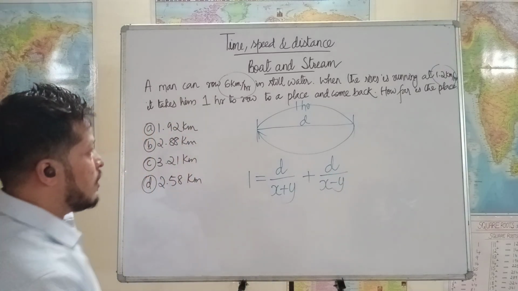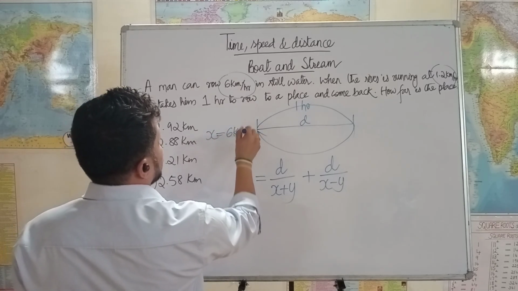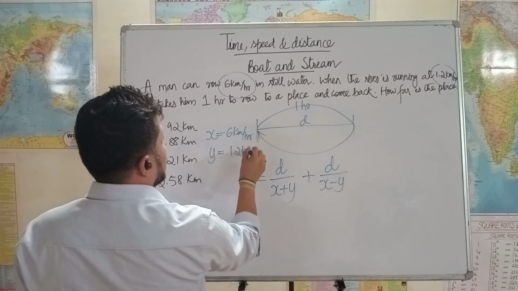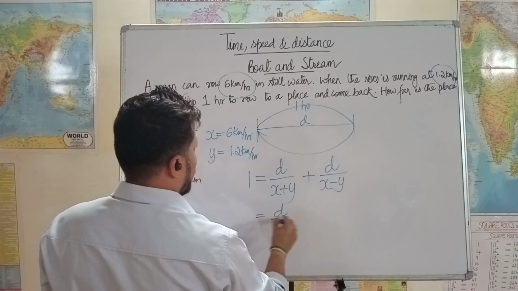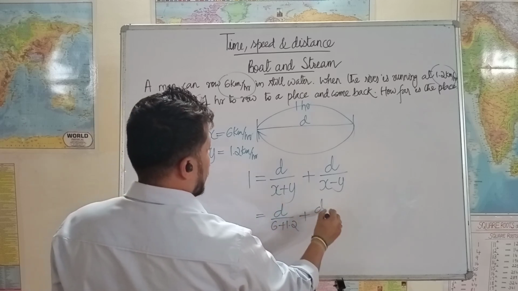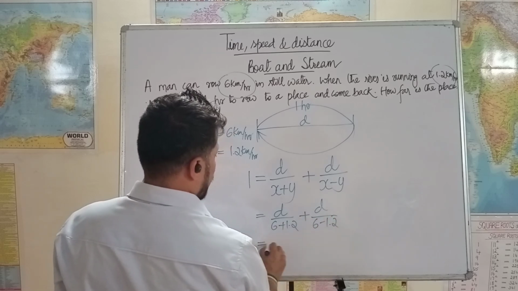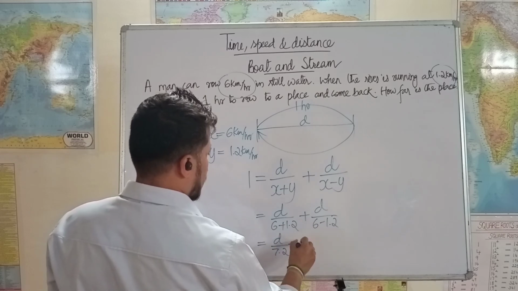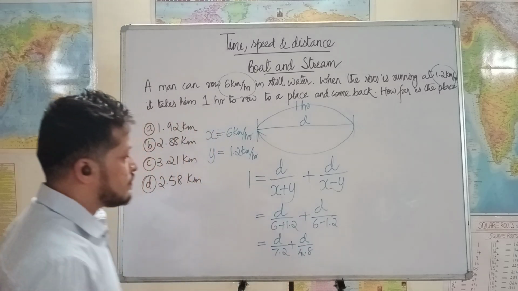Correct? Now we have x is 6 km per hour and y is equal to 1.2 km per hour. So d by 6 plus 1.2 plus d by 6 minus 1.2 is equal to d by 7.2 plus d by 4.8, right?